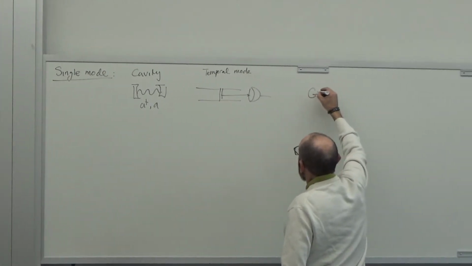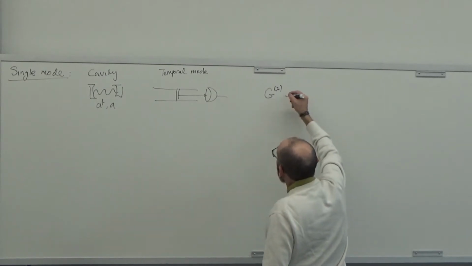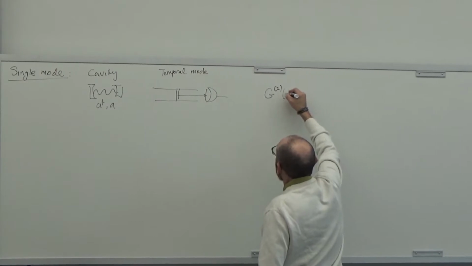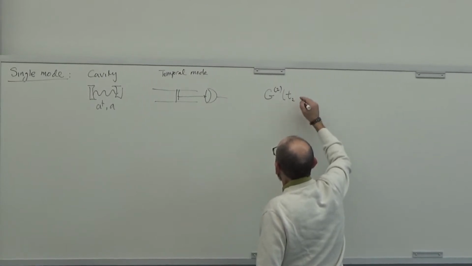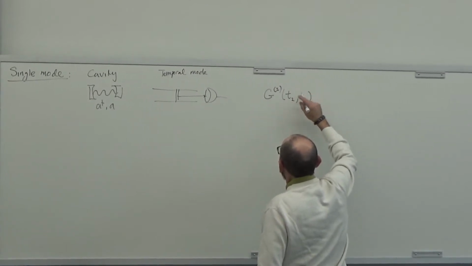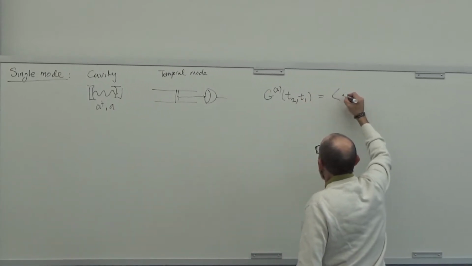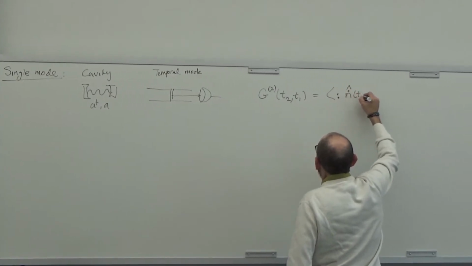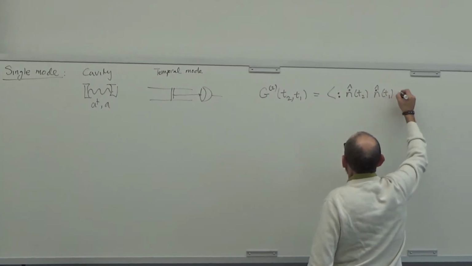So G2, now if I thought about this for a temporal mode, I might say the following thing. Well, now I have n dot at T2 and n dot at T1. Right?